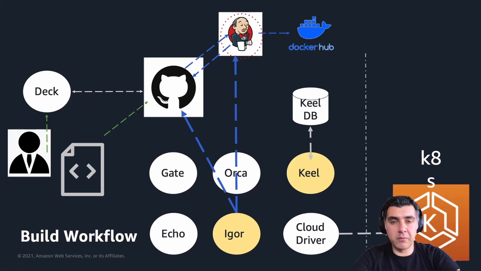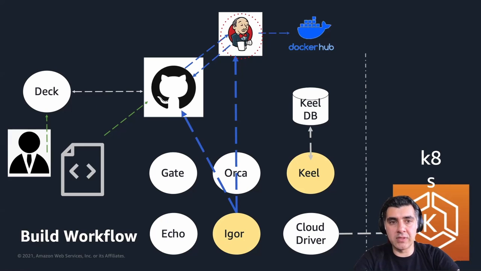Then with the commit information and with the information about where the source code for the software artifact lives, it actually queries the source control system. In this case, the integration has been done with GitHub. So it queries GitHub for commit information of the particular commit that has caused the creation of the software artifact. And then it collects all that information and makes it available through Gate to the Spinnaker users.